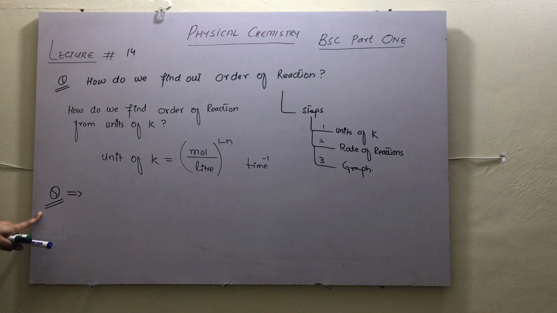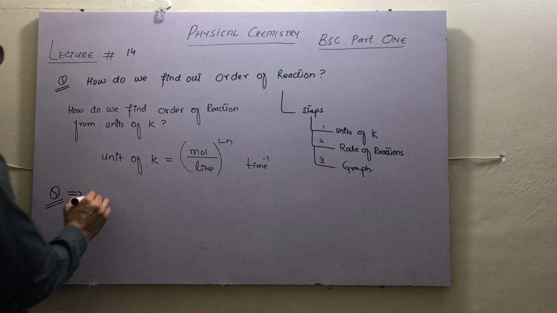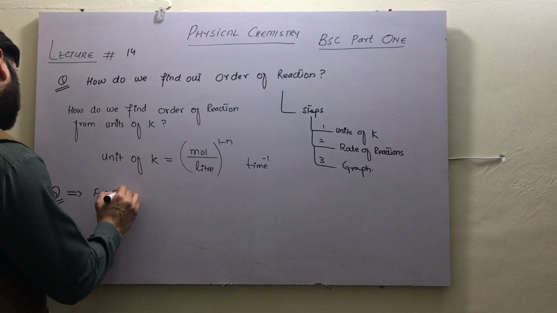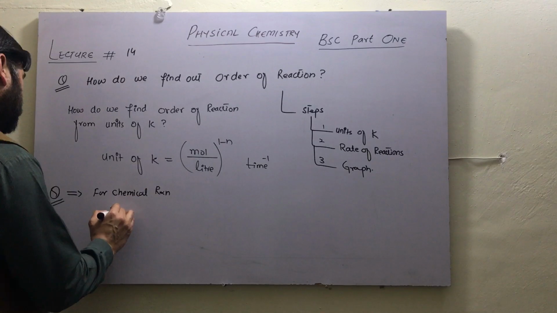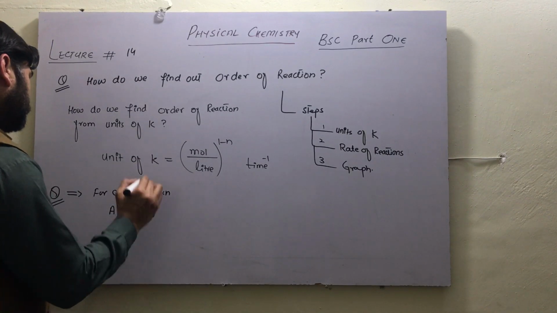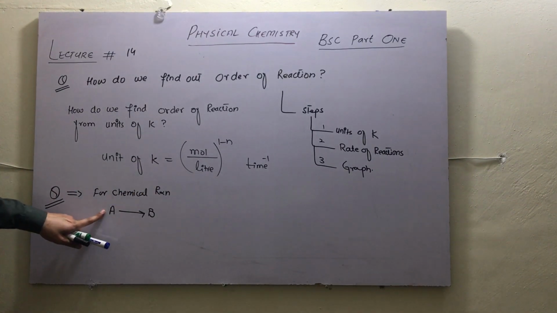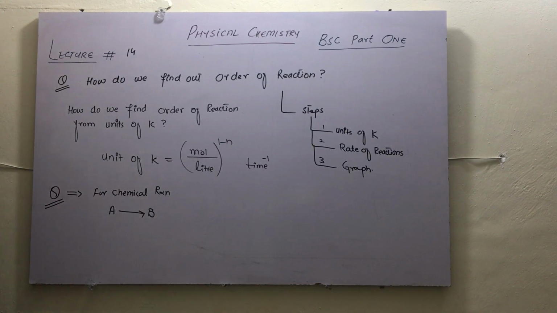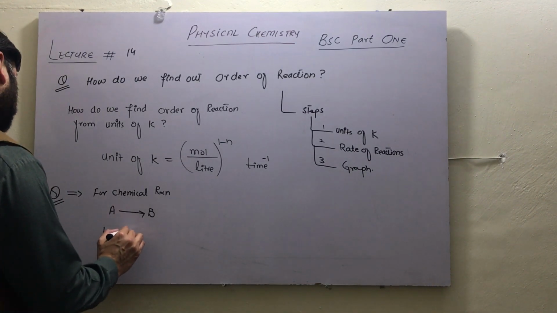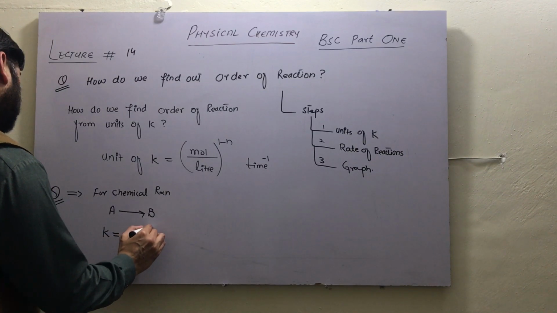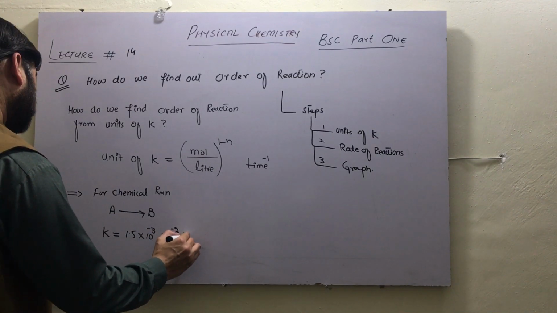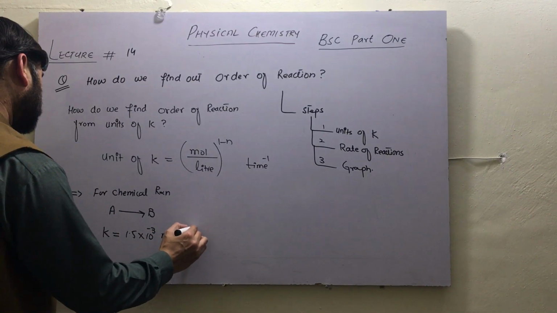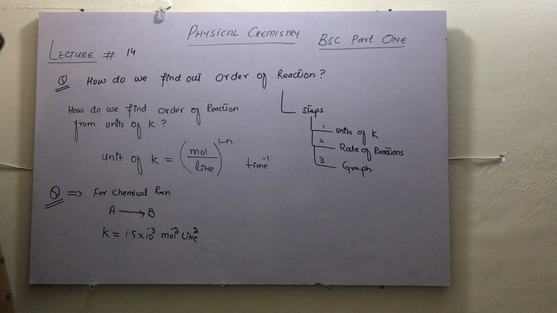Suppose for a chemical reaction, A is getting converted into B, the value of k is 1.5 into 10 raised to power minus 3, and the unit is mole to the power minus 2, liter squared, per second, so second inverse.